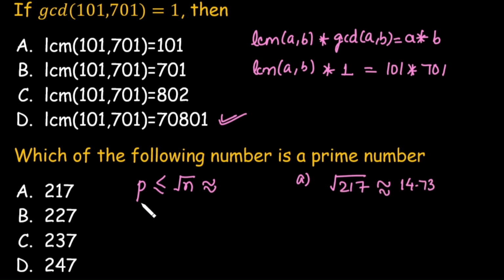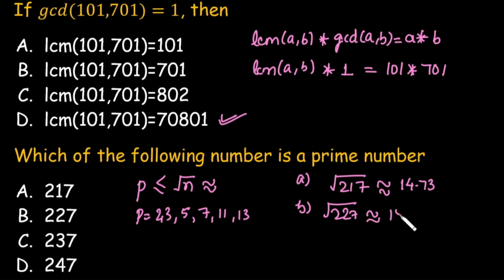It means we need to find all the primes that are less than 14. The primes that are less than 14 are 2, 3, 5, 7, 11 and 13. Similarly, calculate the square root of 227. This is near to 15 point something. And same for the others, the square root of these numbers is near to 15. And in all the cases, we are getting the primes 2, 3, 5, 7, 11, 13 as they are less than or equal to 14 and 15.